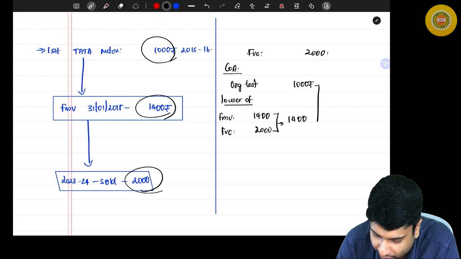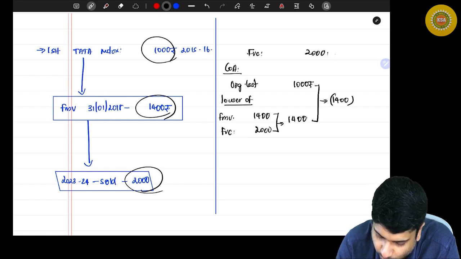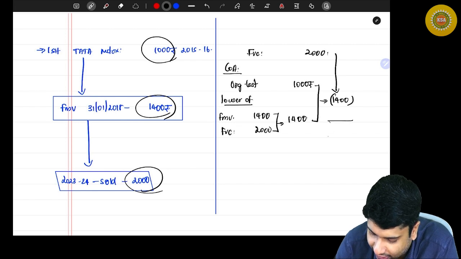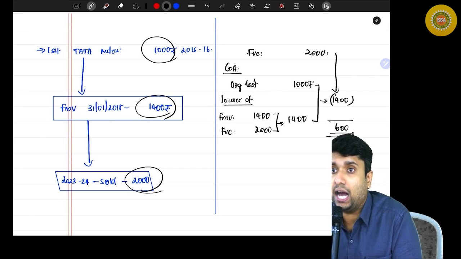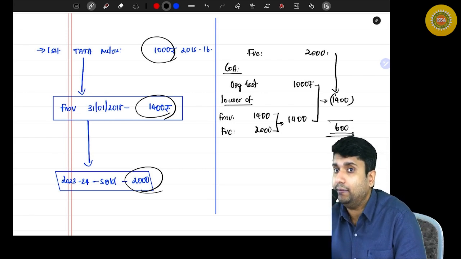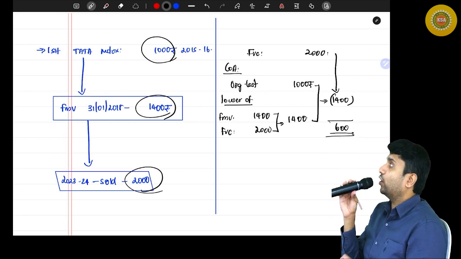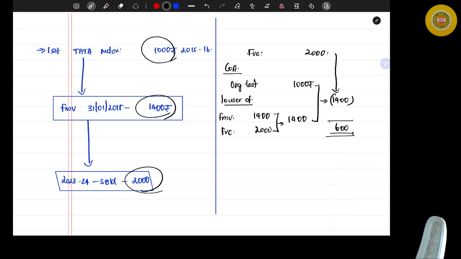And you compare these two and pick the higher. That will be 1,400. You deduct this 1,400 from 2,000 and the rest 600 rupees will be your capital gain under 112A. Are you all with me? This is how you have to compute the cost of acquisition if the shares are covered under 112A. Is that point clear?